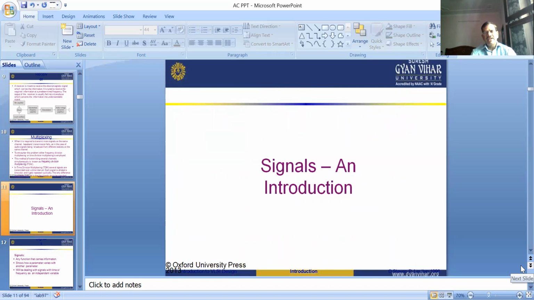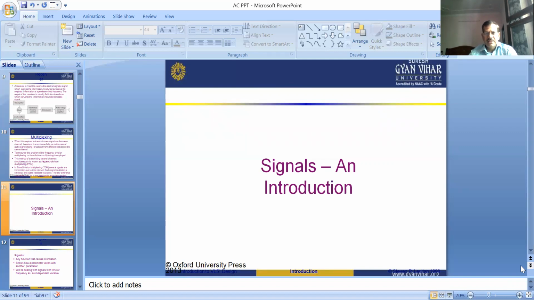This time interval is very small, in the range of milliseconds, maybe microseconds, or maybe nanoseconds. So there are two methods generally used in multiplexing systems, TDM and FDM.